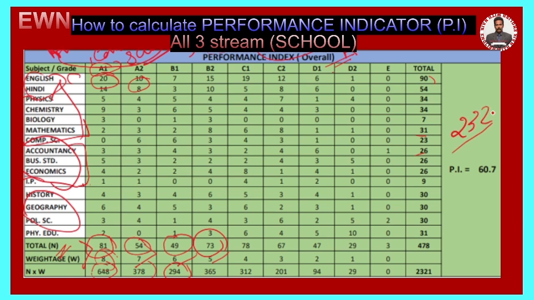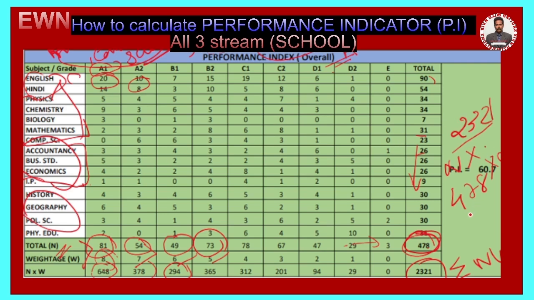This is the sigma NW, right? Upon N into the highest weightage, that is N is here 478, right? Because across all the subjects, the number of students across all the subjects, right? So if we add in this manner or if we add in this manner, both will be the same, 478. So 478 is N upon 478 into 8, right?